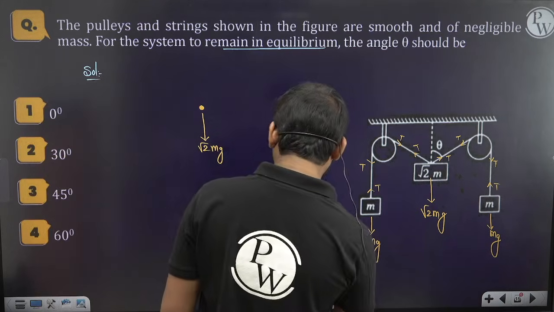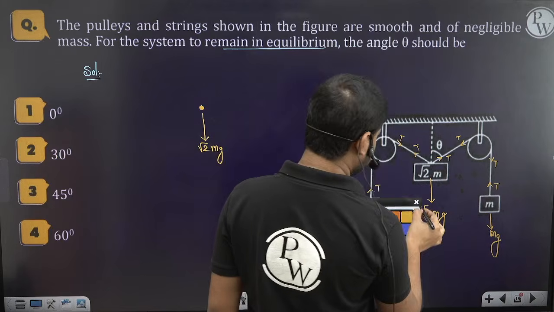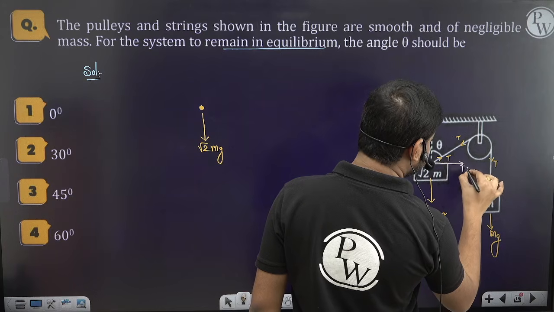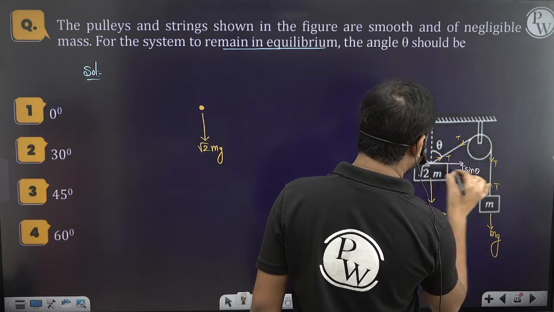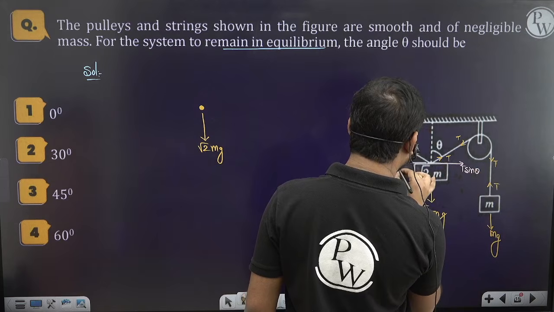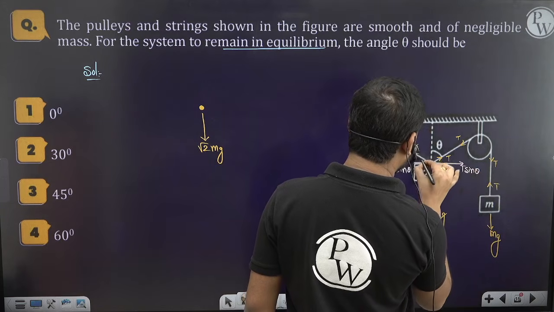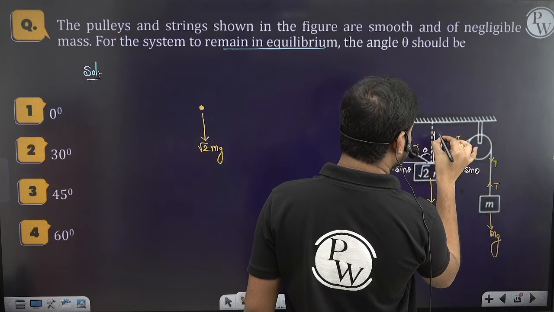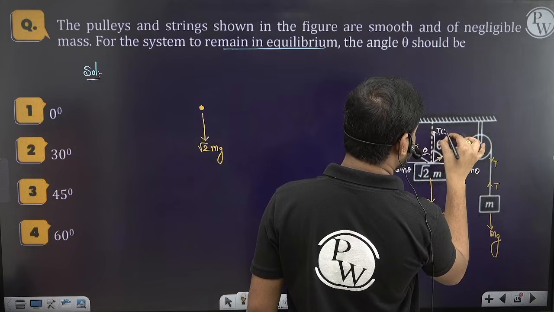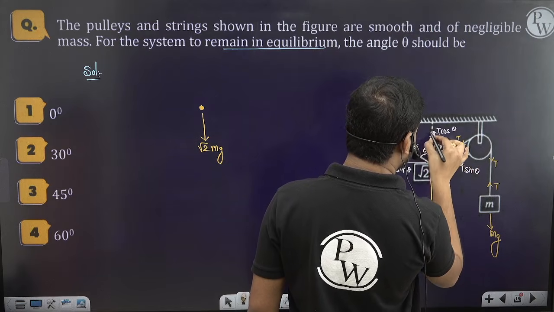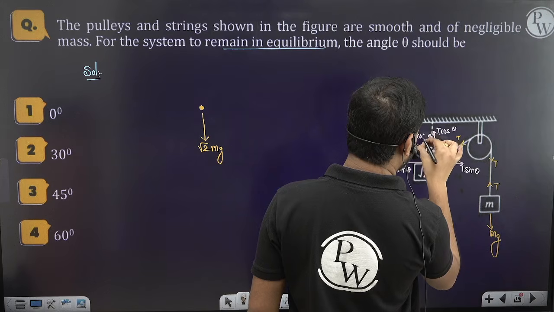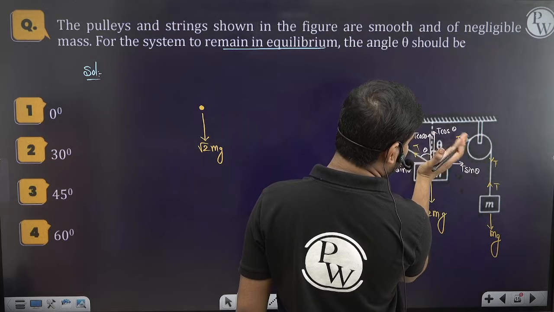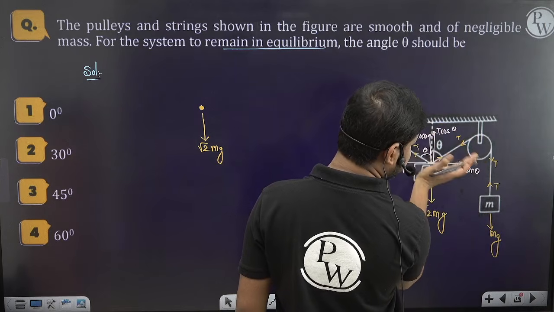If you observe, this T will have two components. This side the T sin theta, and this side the T sin theta. If it is theta, this is also theta. So this side the component is T cos theta, and this side also T cos theta.